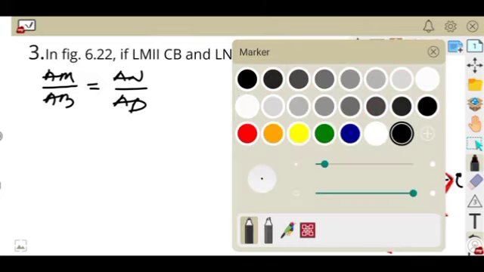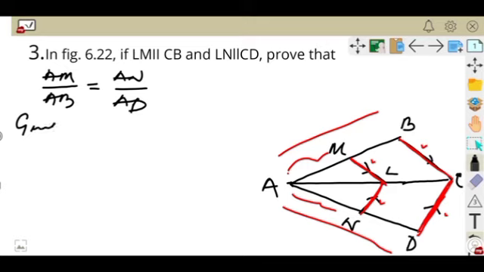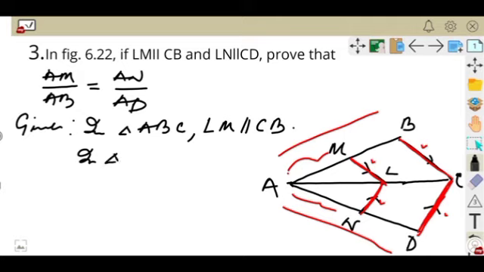First, we'll write the given. I can write in triangle ABC, LM is parallel to CB. Next, I can write in triangle ADC, LN is parallel to CD.